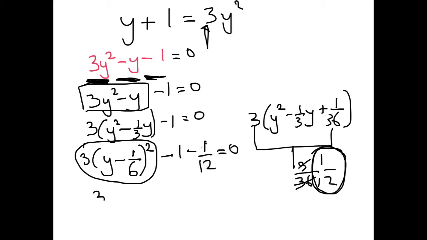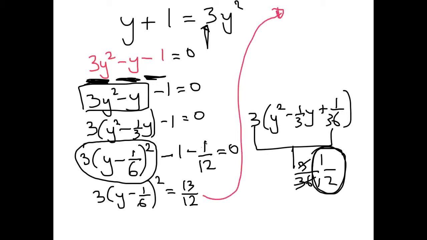So we get 3 into y minus 1/6 squared equals 13 over 12. Next step is to divide both sides through by 3. So we get y minus 1/6 squared equals 13 over 36.